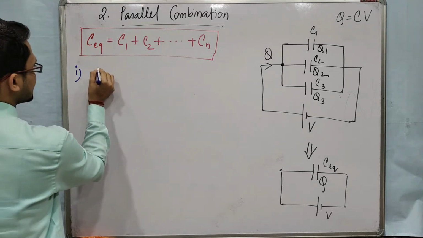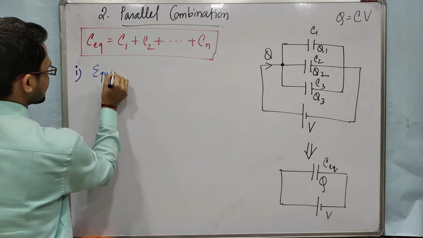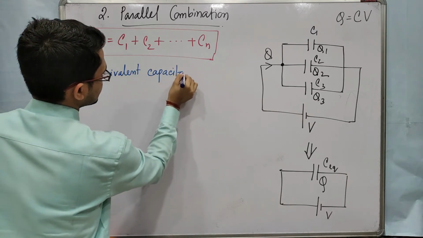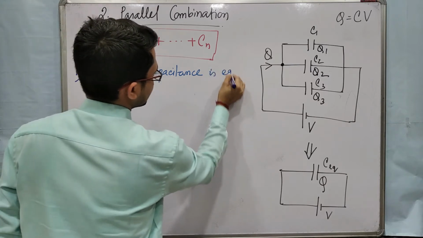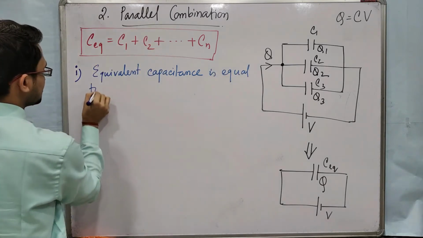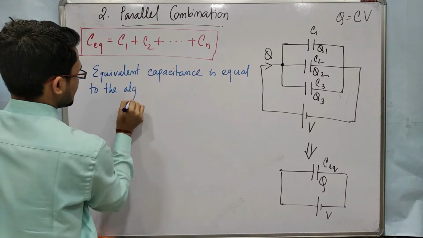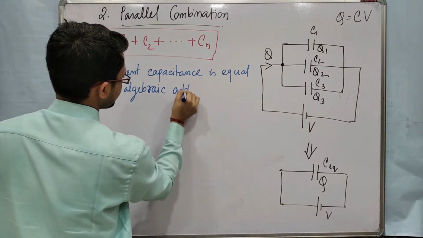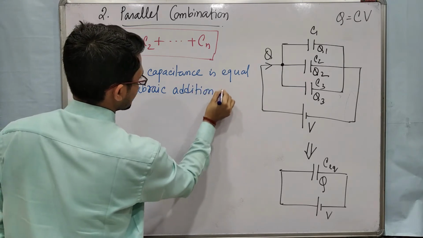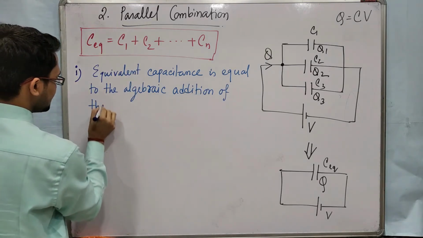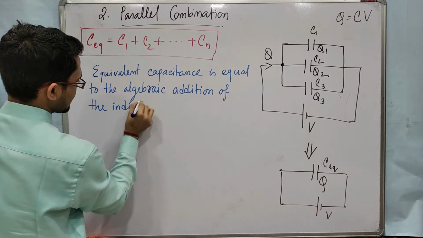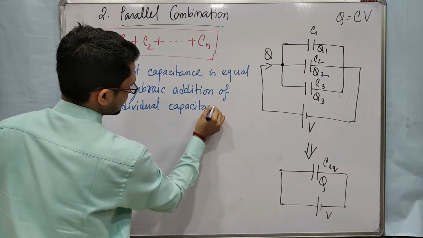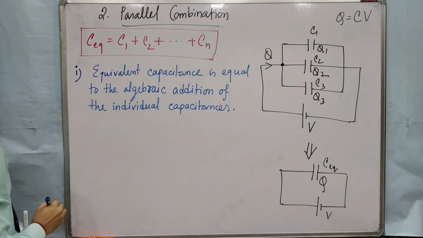Equivalent capacitance is equal to the algebraic addition of the individual capacitances. Clear? This is the first point.